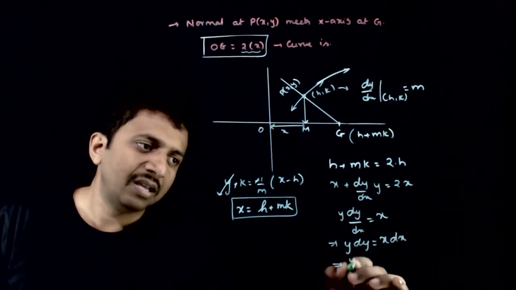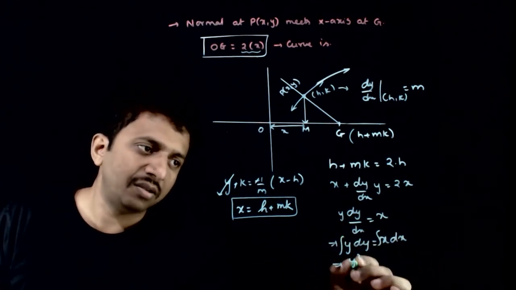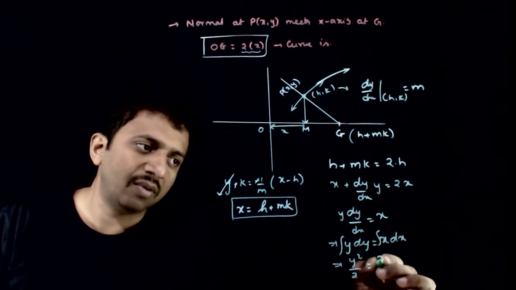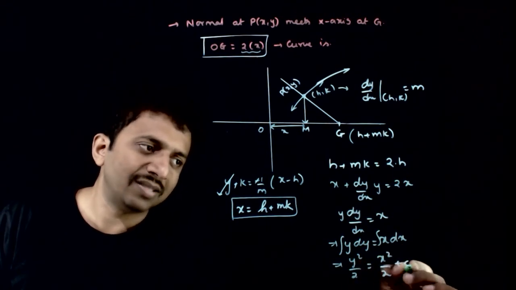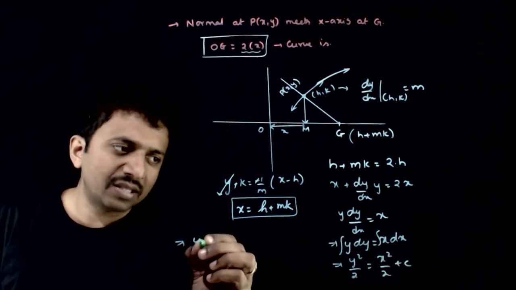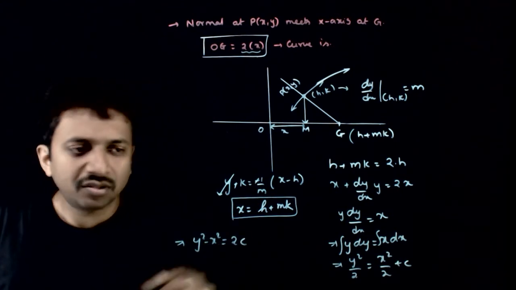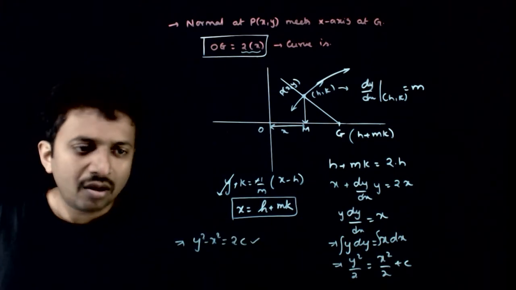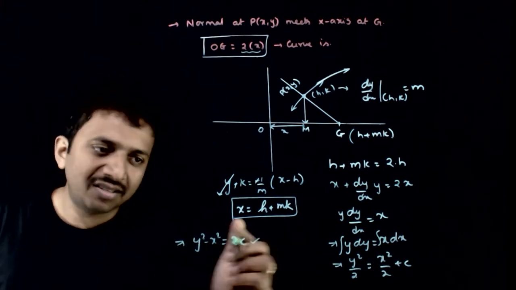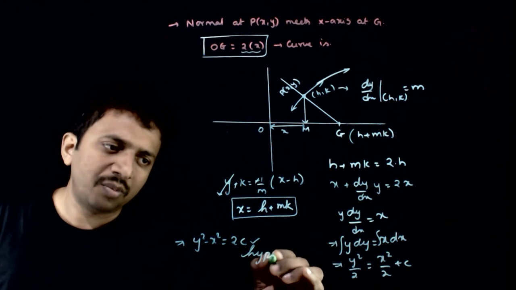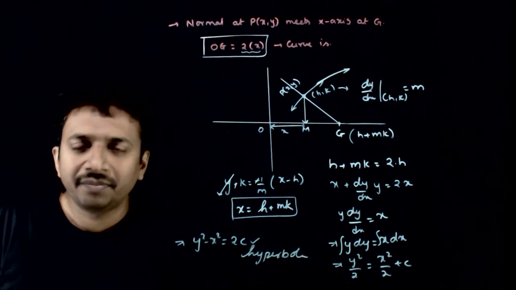If you integrate this on both sides, you get y square by 2 is equal to x square by 2 plus c. And this implies y square minus x square is equal to 2c. So this will be the nature of the curve. Obviously from the equation you can see that this is a hyperbola. Thank you.